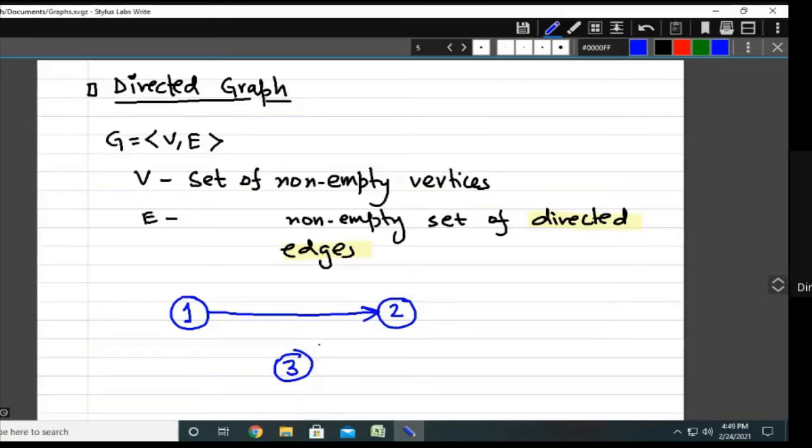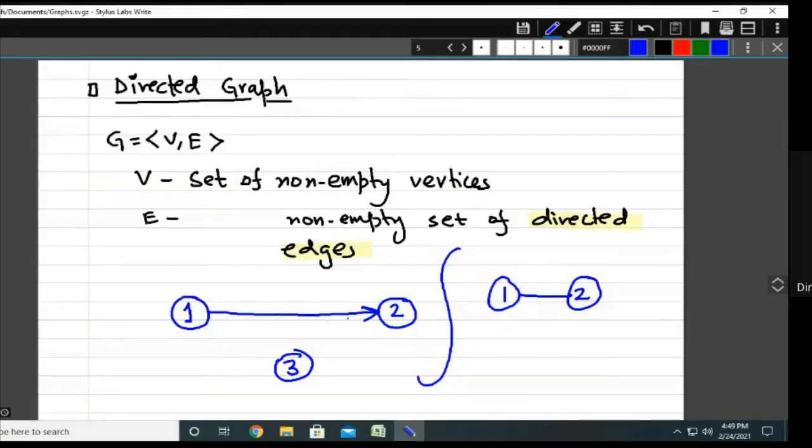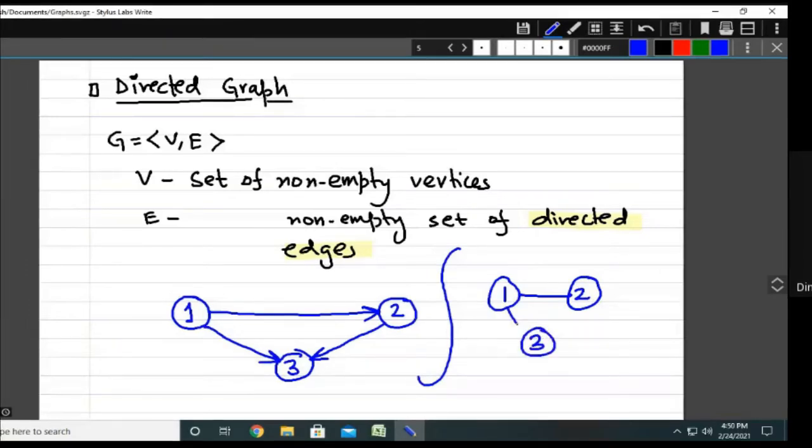So 1 to 2 in the simple graph. I'll draw a simple graph over here. When you draw a simple graph, there is no direction, but when you have a digraph, you will have a direction. So 2 to 3 will be denoted like this, and 1 to 3 will be like this. But if you see in the simple graph, you don't have any direction. Okay, so this is very important.